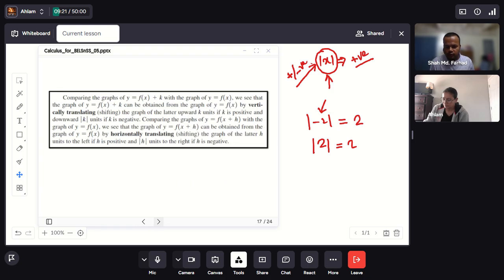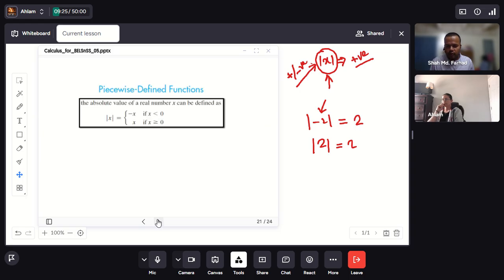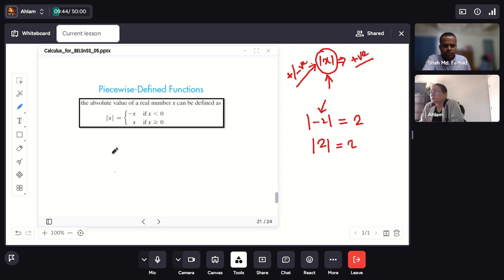Here is the definition of modulus. The absolute value of a real number x can be defined as follows.